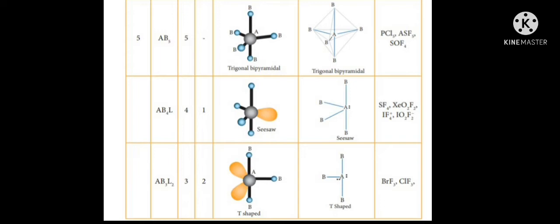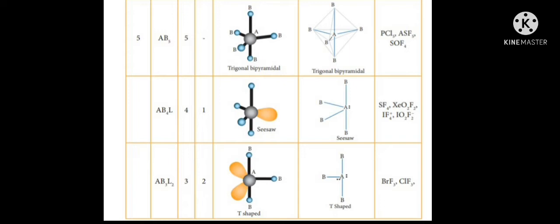The molecular geometry is shown here. SF4, XeO2F2, IF4 plus, IO2F2 minus are examples for AB4L molecule.